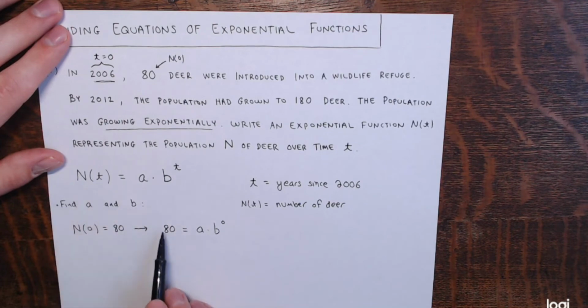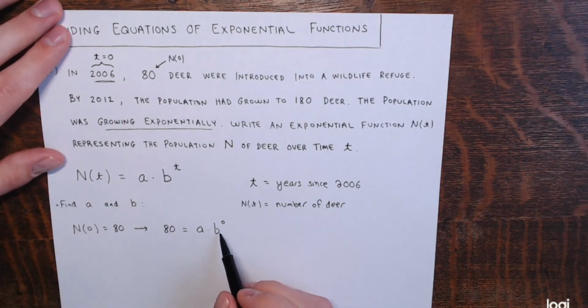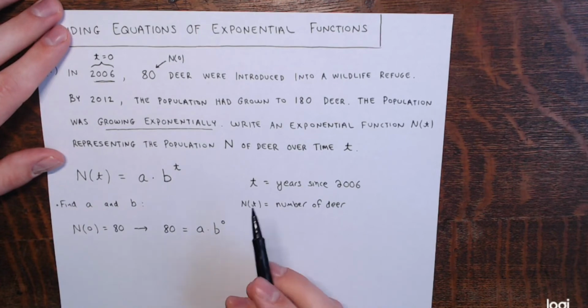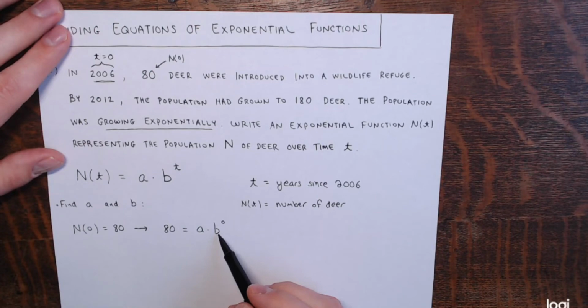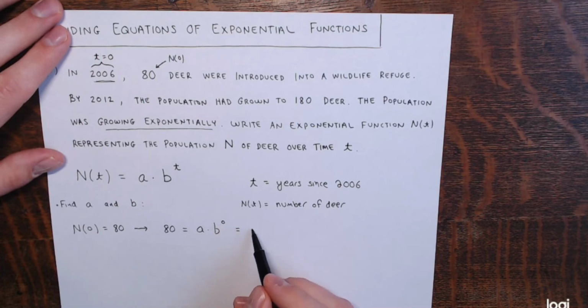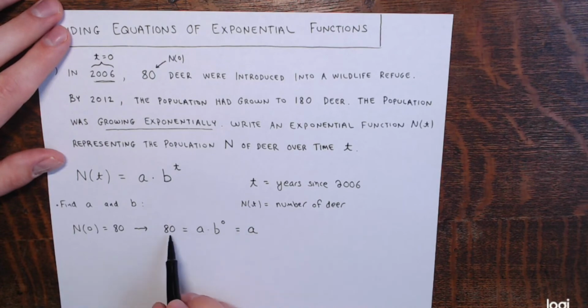Hopefully you recall some properties of exponents. B is not 0, it should be some positive number. Anything not 0 to the 0 power is 1, so this is just a times 1. So the value of a is 80.